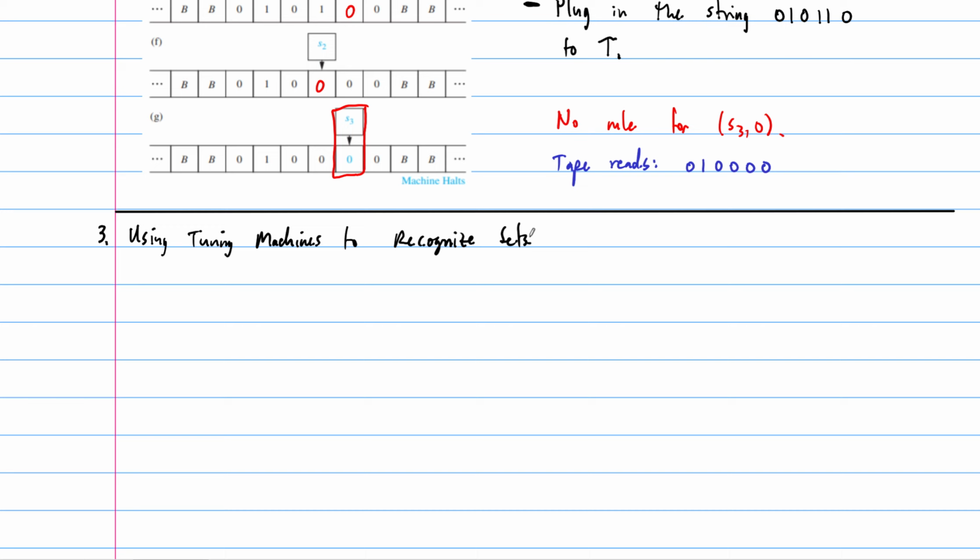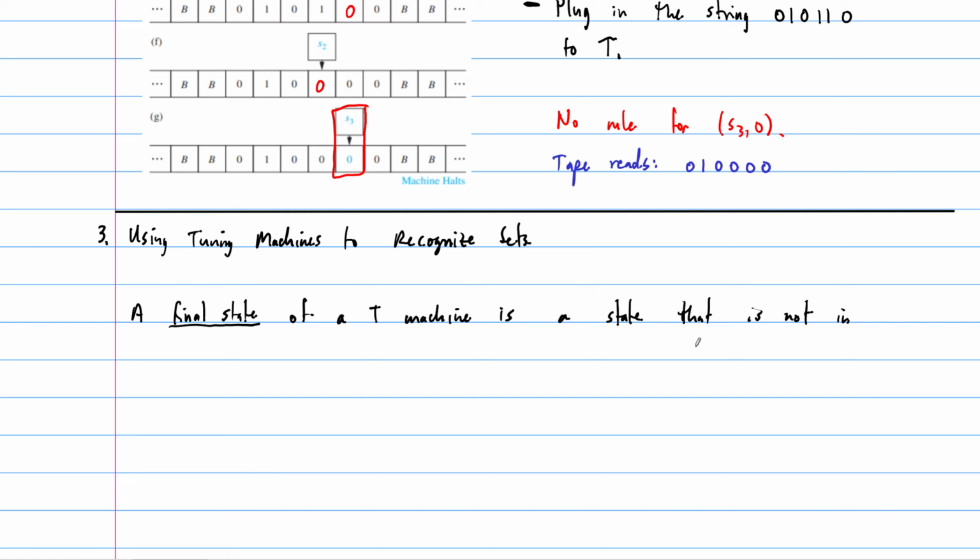Before we can recognize sets, we have to define what we mean by a final state for a Turing machine. A final state of a Turing machine is a state that is not in the first position of any 5-tuple in the transition rules.